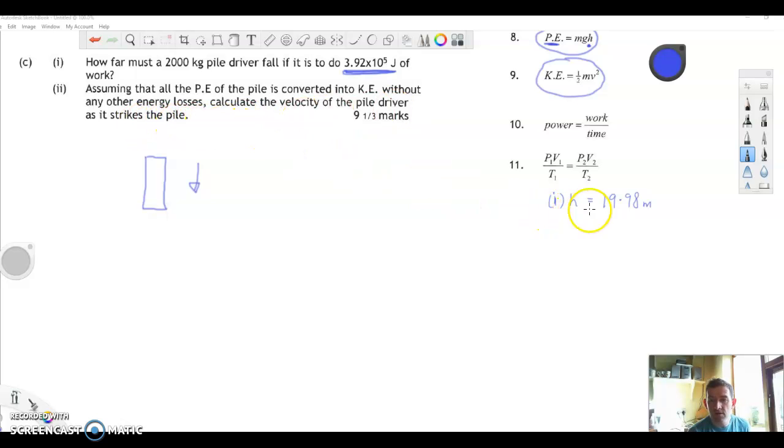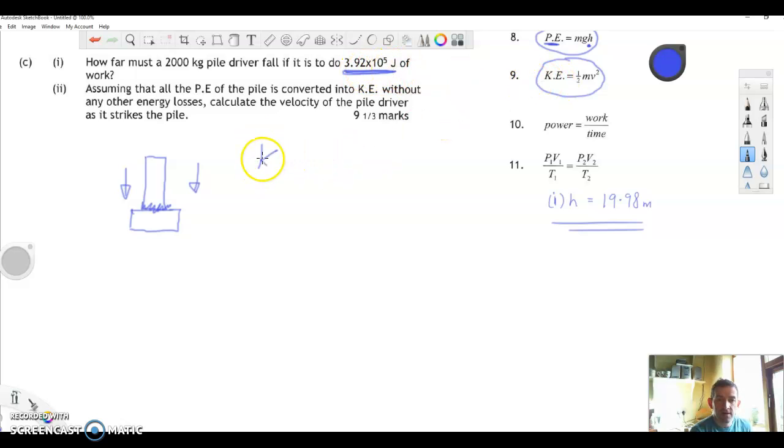Well, now it's gone 19.98 meters down before it bangs into this object. We have that from part 1. The potential energy that was transferred was 3.92 by 10 to the power of 5 joules, and that was transferred into kinetic energy.